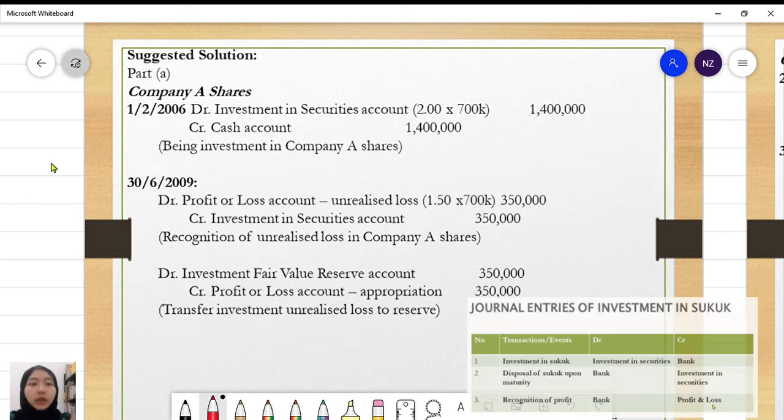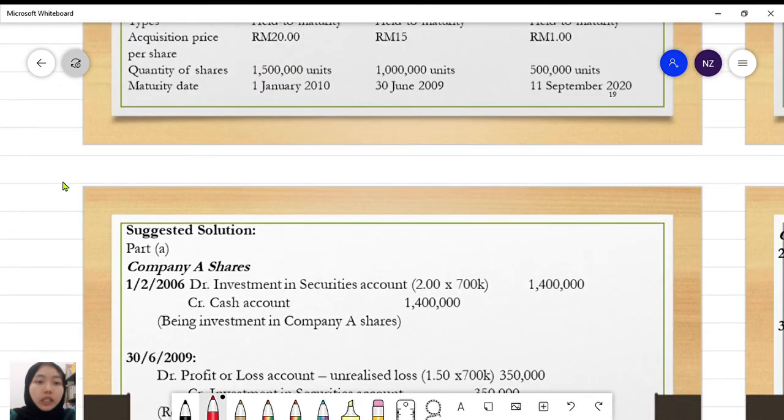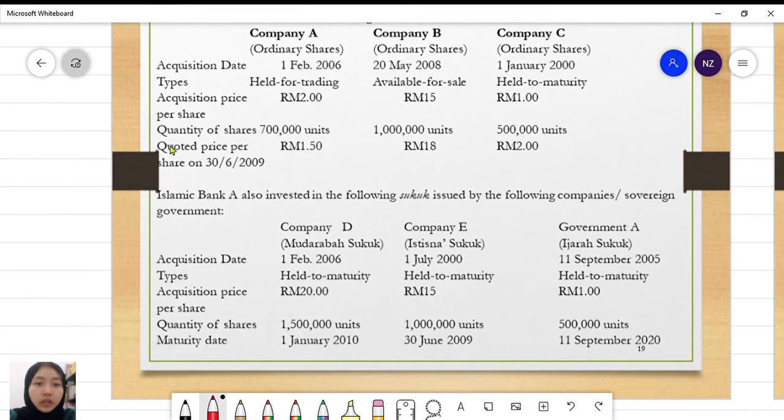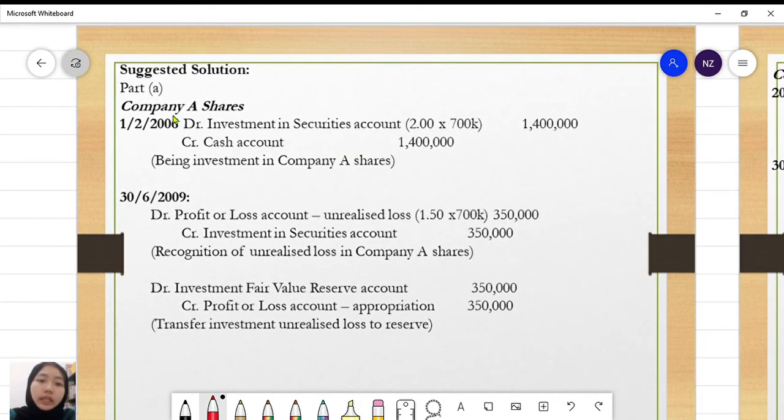The first thing you need to record is the investment money that you provide in company A, which is this one. The date is the acquisition date, which you can get here: acquisition date 1 February 2006. So you just put it there, put it here. And then debit investment in securities account.